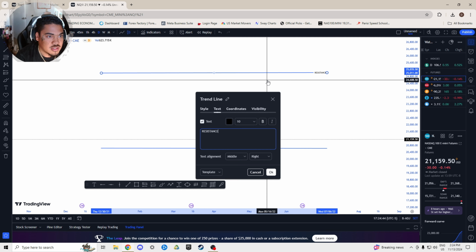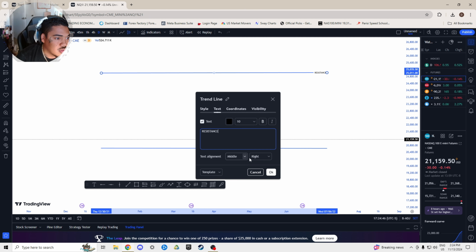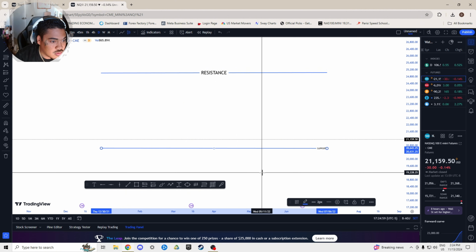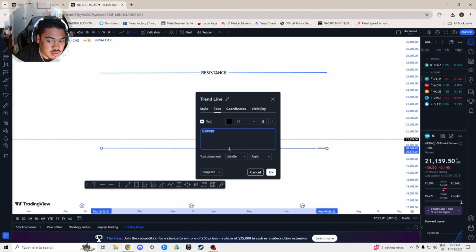Let's put that in the center, and make that bigger so y'all can see it. And then here we have support. Put that in the center. Yeah, that looks good. I'm going to make the text bigger. Sorry, y'all.